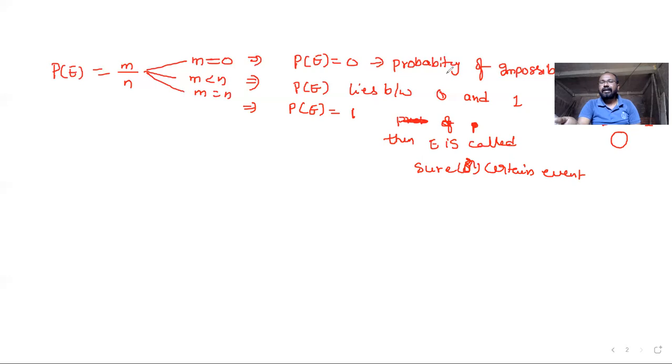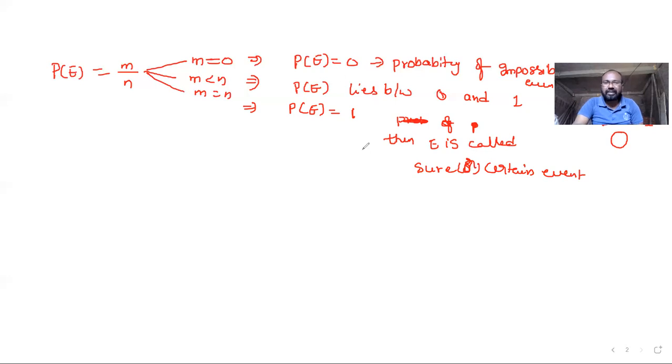In the earlier case, where P is 0, E is called an impossible event.